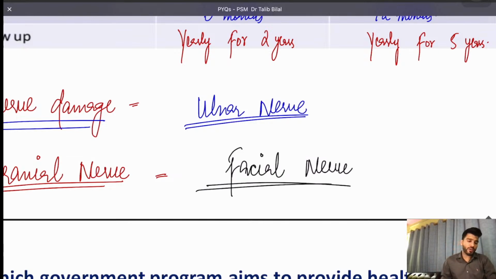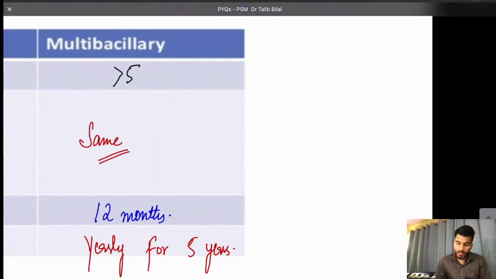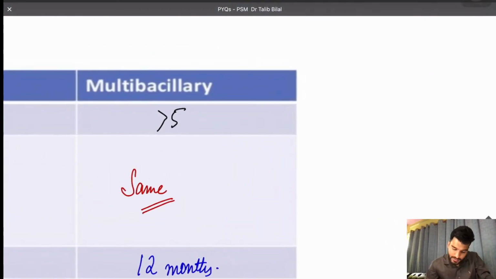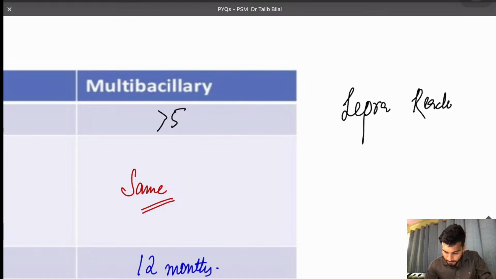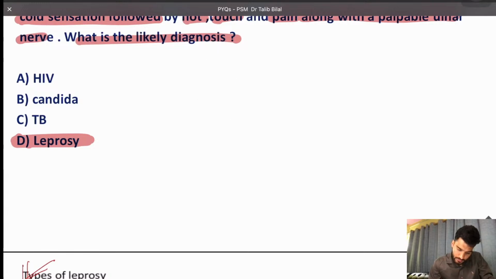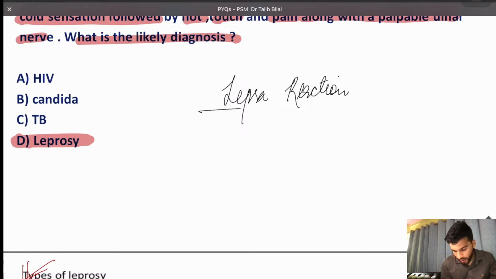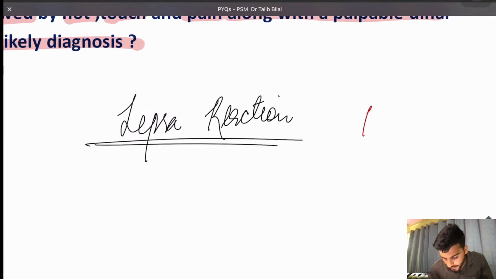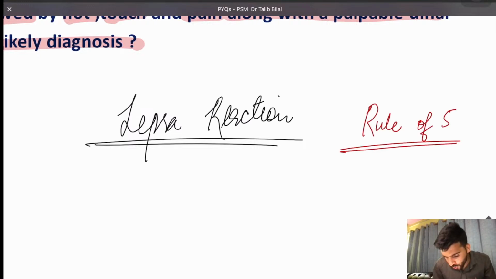Okay. One more question that has been repeatedly asked, guys: types of lepra reaction. So let me tell you about lepra reaction. In lepra reaction, remember guys, the rule of 5.